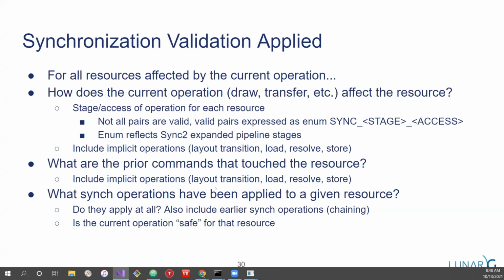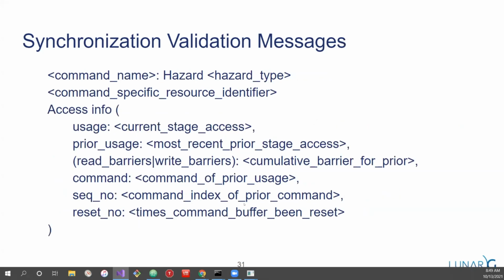Because when you think of the source and destination access masks, did the prior access exist within one of the source scopes, either the source execution scope or the source access scope? And does the current operation live within either the destination execution or access scopes?